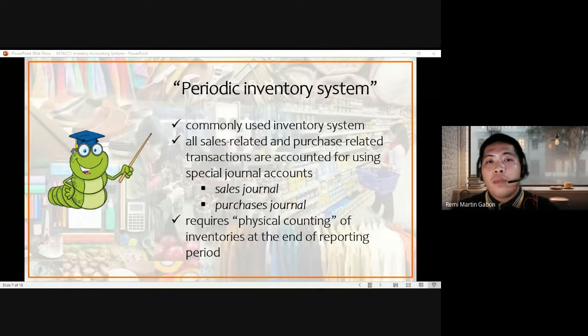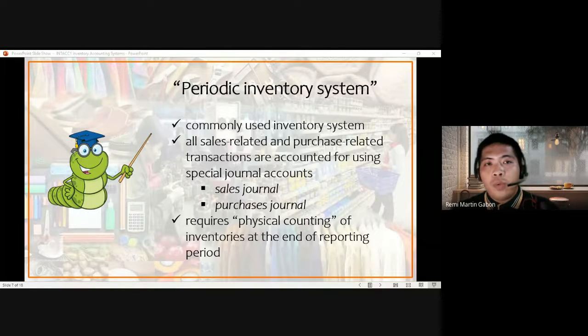Which means that upon looking at the journal entry, you could already identify the transaction that had transpired, which means when it is a purchase, it is really debited to the purchase account. Perpetual system is different from that aspect, because there's a different application under the perpetual inventory system. So that's it. For periodic system, we use special journal accounts.